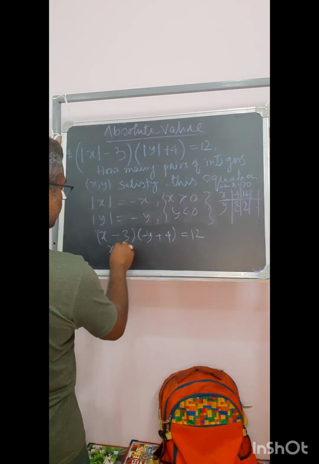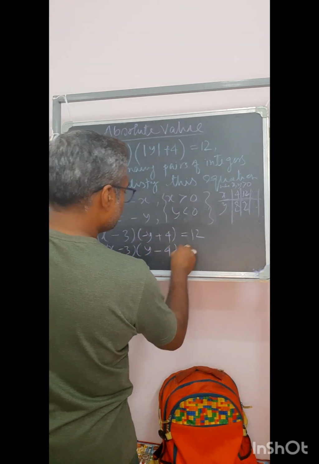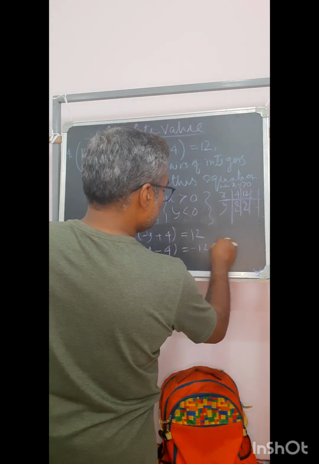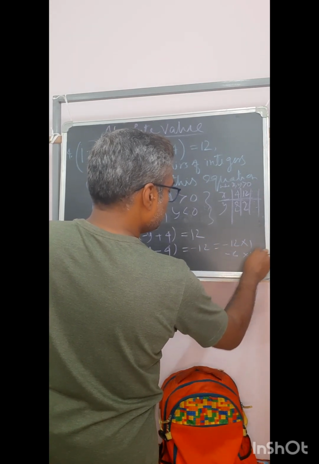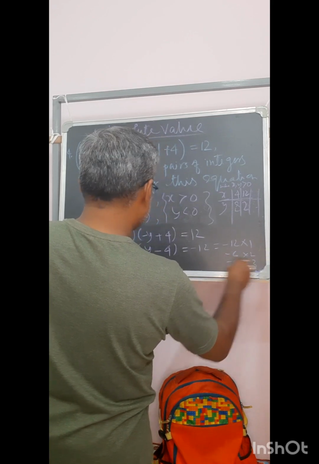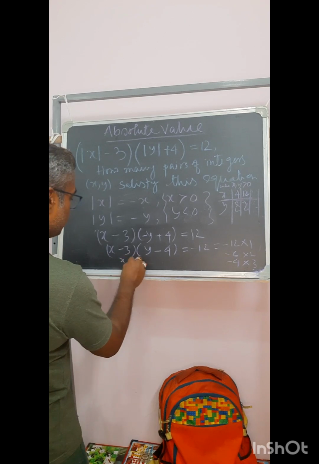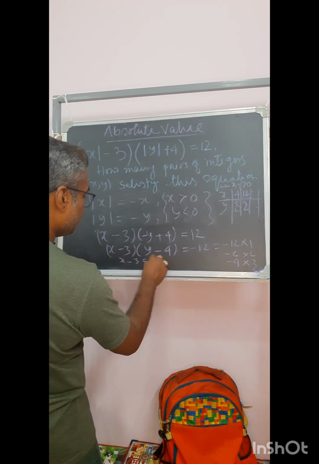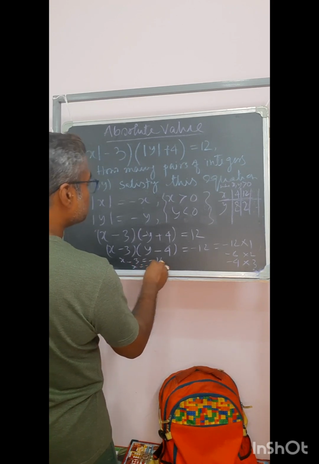Now x minus 3, I am considering the negative sign on the other side, so that will become minus 12 into minus 1, minus 6 into minus 2, minus 4 into minus 3. So same thing. If I take it one by one, x minus 3 is equal to minus 12, so x is equal to minus 9.